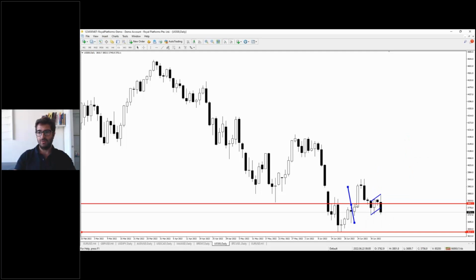And here also we will use the ABCD pattern. So if this is an AB impulsive wave from here to here, I will use the length of this AB and drag it at the end of the correction, to know what the length of the new CD impulsive wave will be.